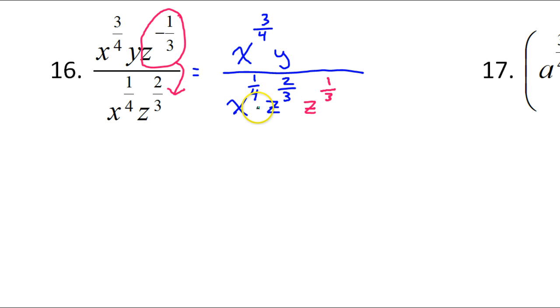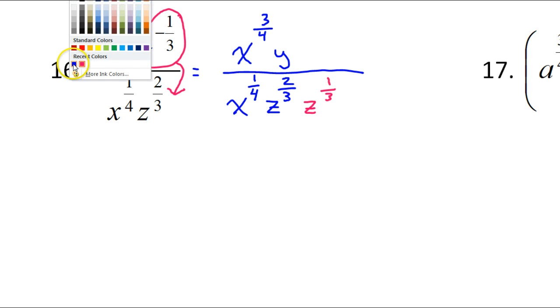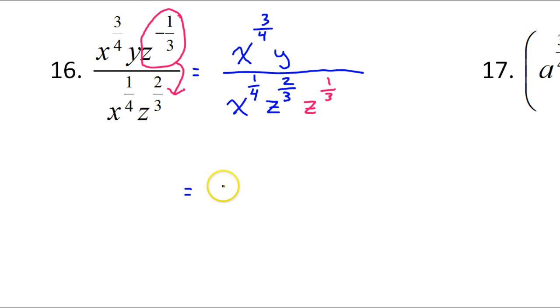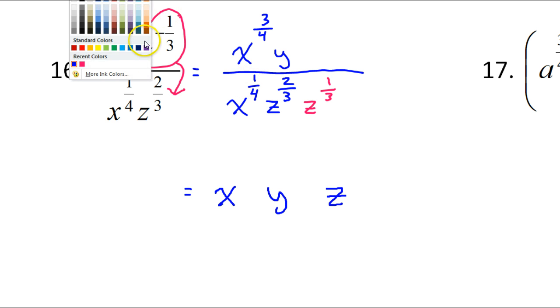So I'm going to do the x's and the y's and the z's, sort of like three separate problems. Let's start with the x's. I know I'm going to wind up with an x and a y and a z, so I'm just going to set those up. It just depends on what the exponents are going to be. Again, when you divide, you subtract these exponents.